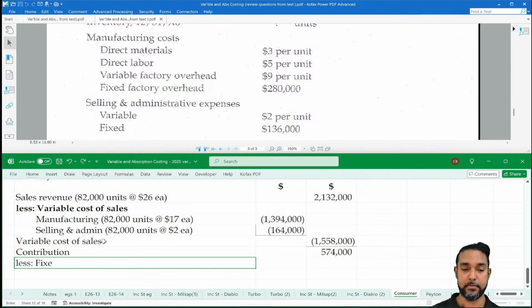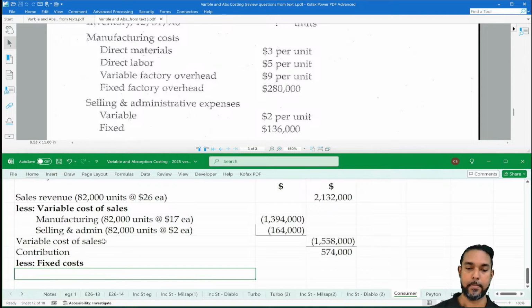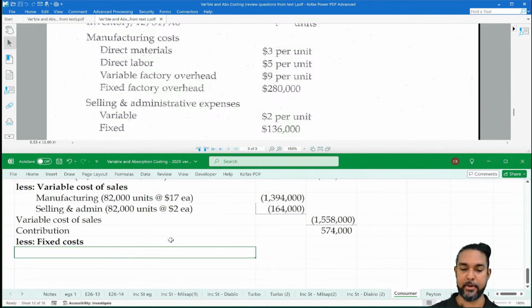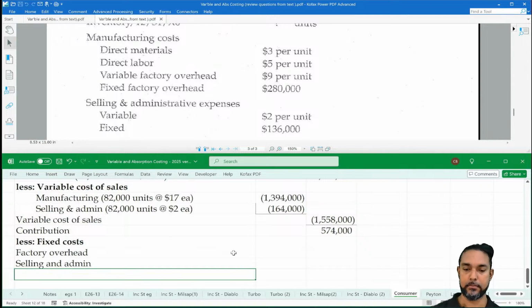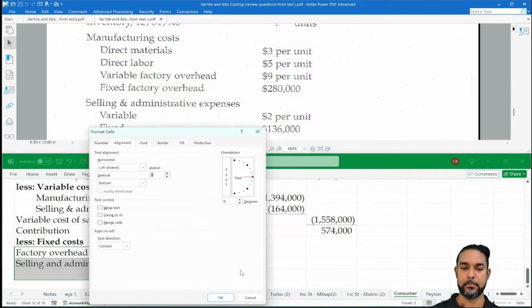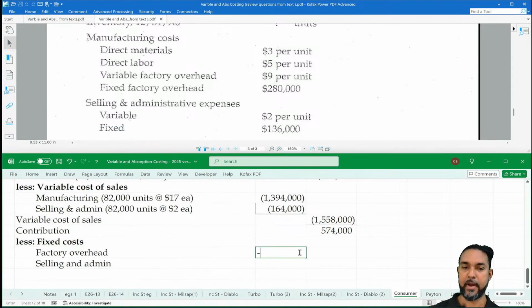Less fixed cost now. And we have factory overhead and selling and admin, right? So the factory overhead is 280.